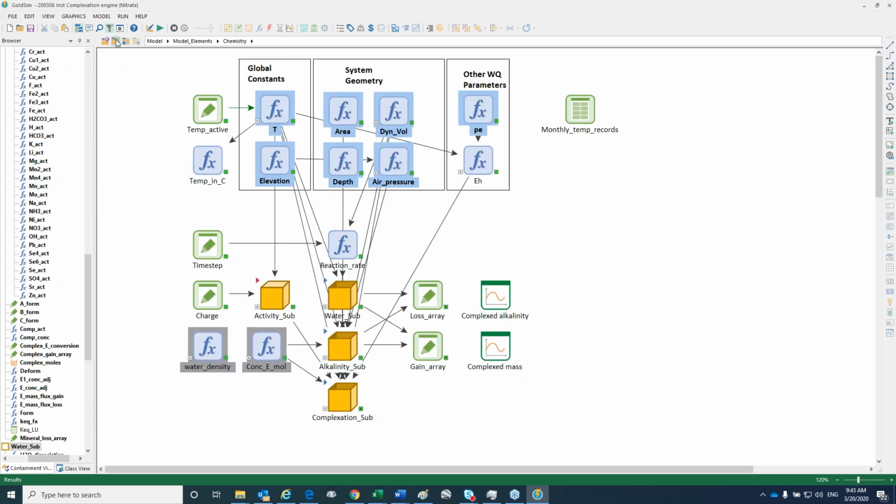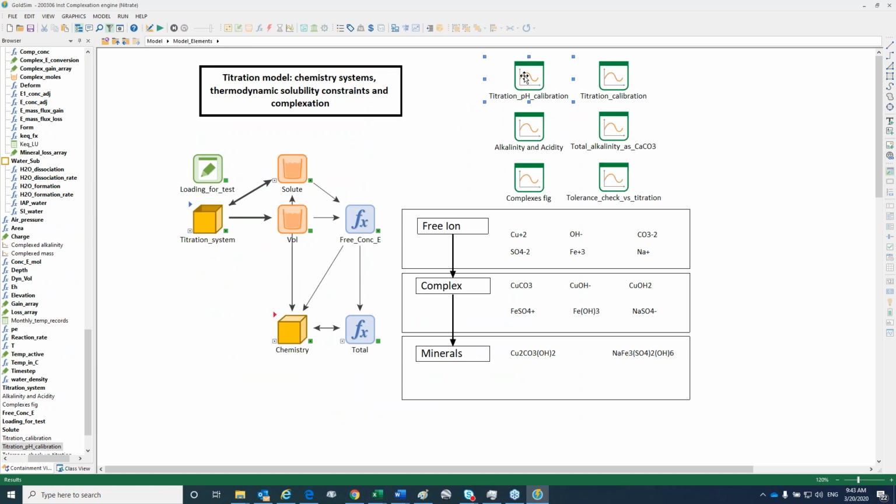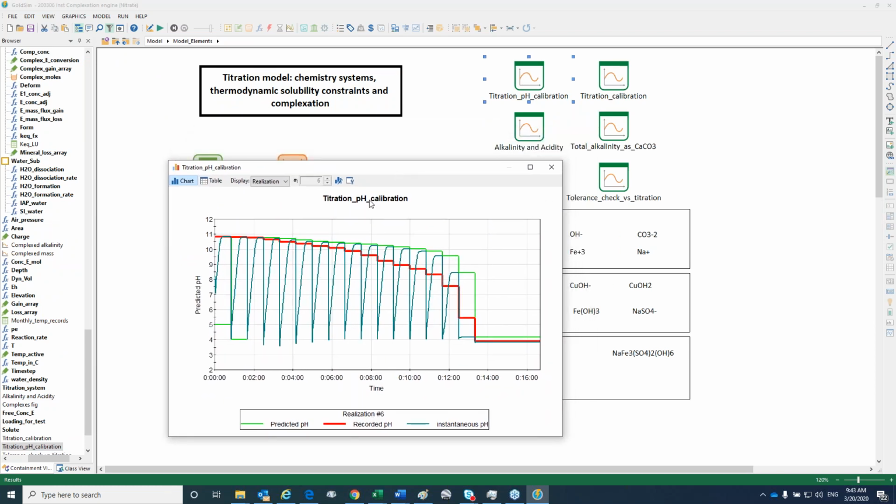There's one up here. Okay, so this is what I was talking about. The model is going from an initial state of pH 3, where we're going to add some OH to the system. We get up to around up here, and then we're going to be titrating down.